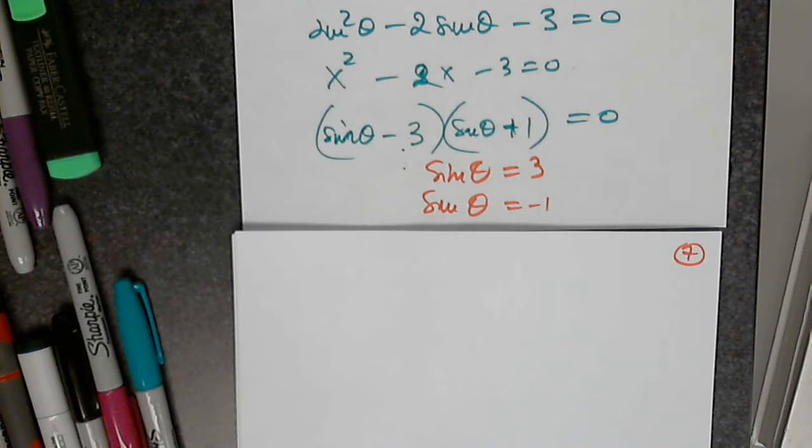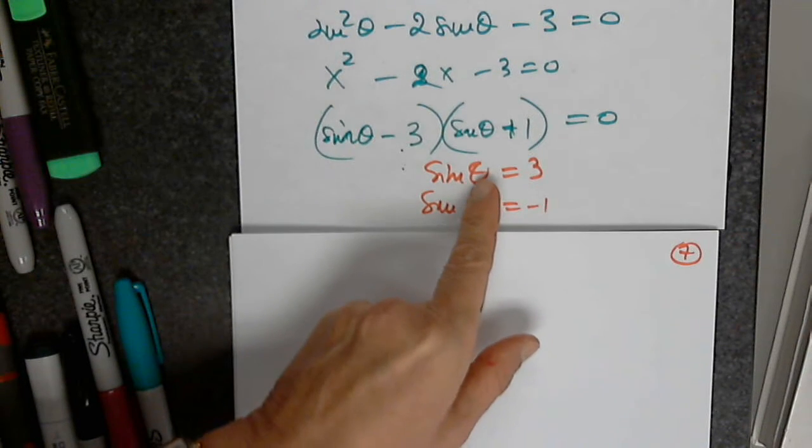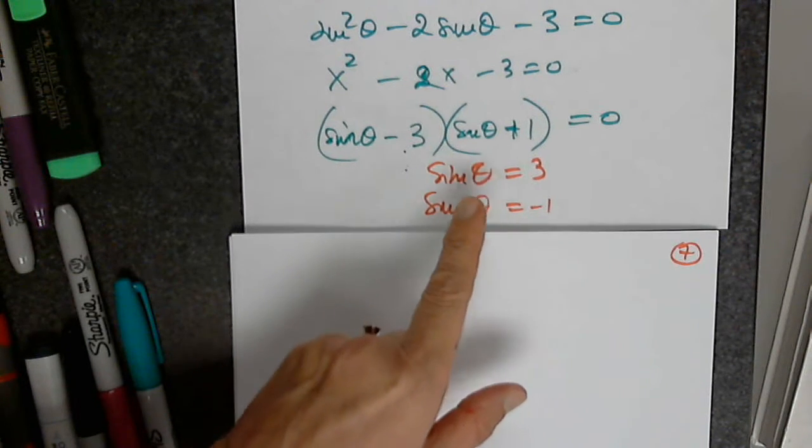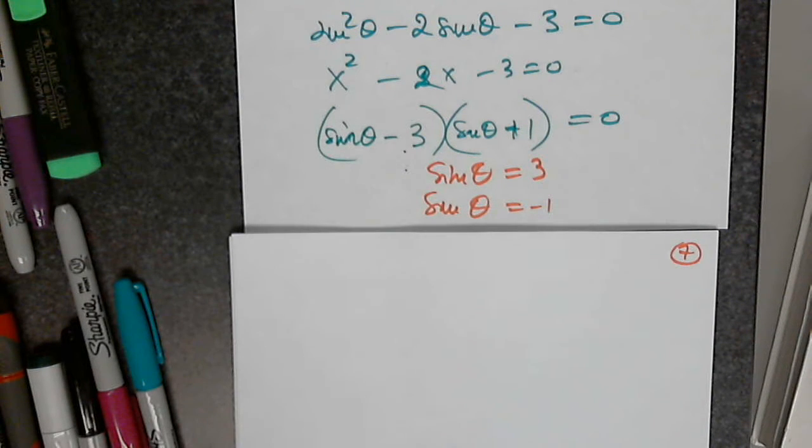So it's in radians. This is a number. This is the angle. So you have to do the inverse of sine. But sine can't be greater than 1, so it doesn't exist.